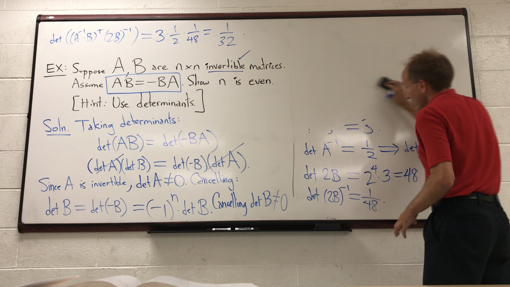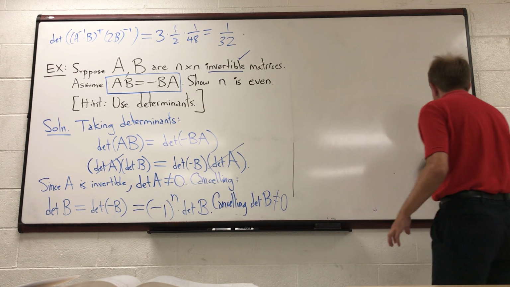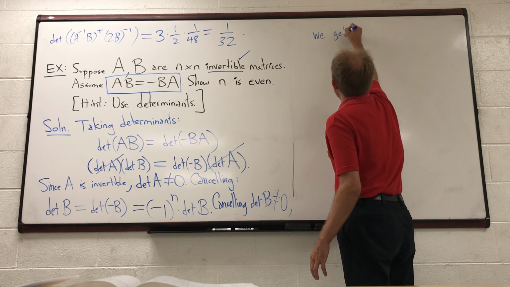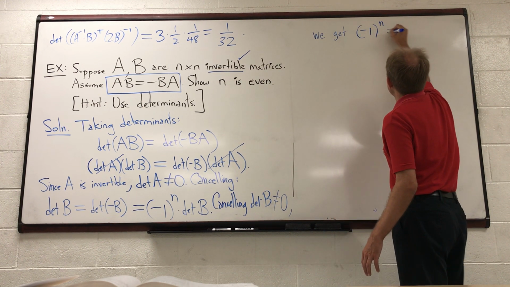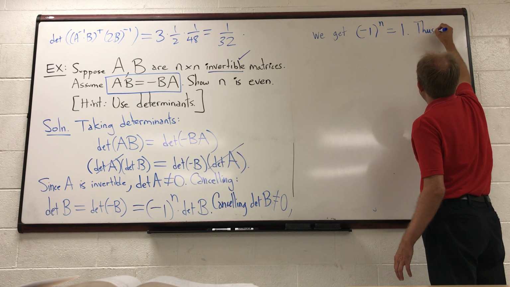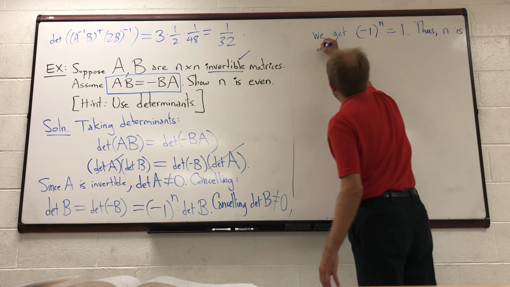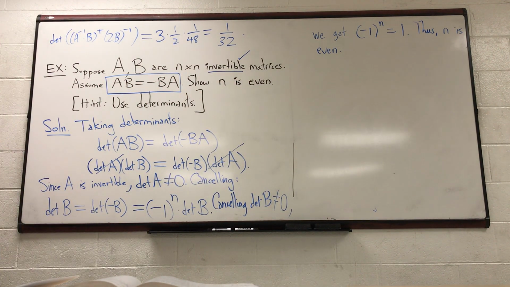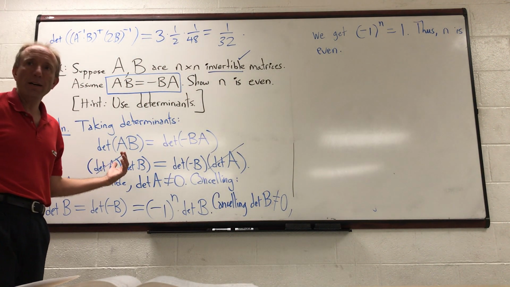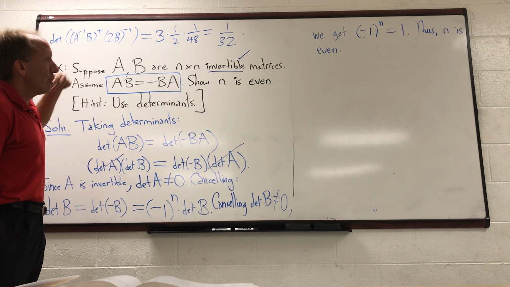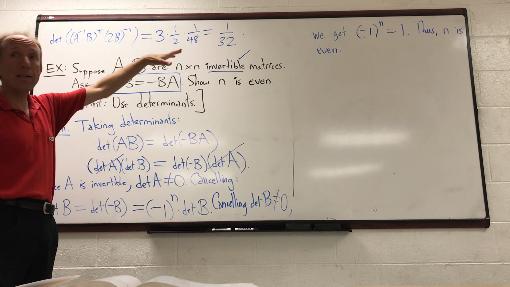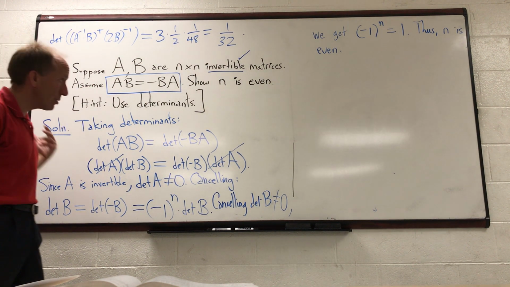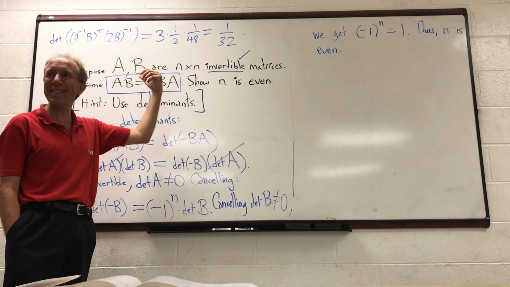B is also invertible, so we can cancel the determinant of B. We get -1 to the n is equal to 1, and thus n is even. That's the idea. Okay? So just another example of a problem where you're using properties of determinants to solve a more theoretical exercise.